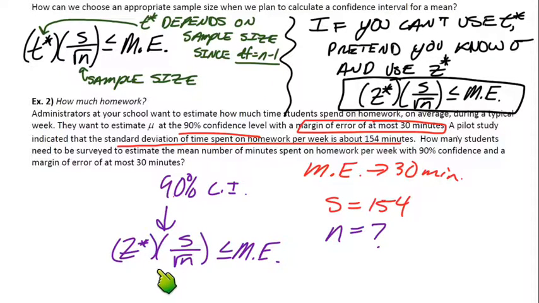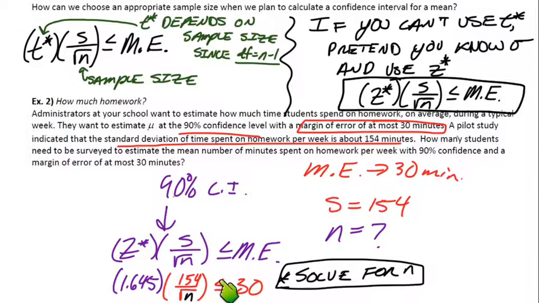In this case, we're just going to use z star because we can look at the normal chart or use normal CDF and get z star right away. So z star for 90% confidence would be 1.645, and then we know s, and we're just trying to solve for n.